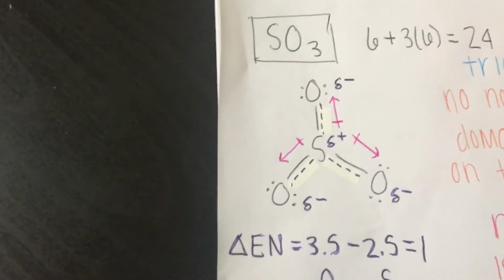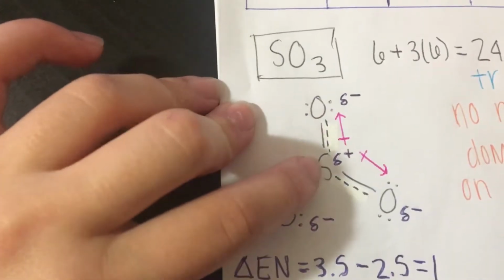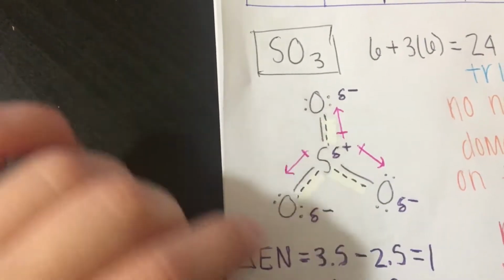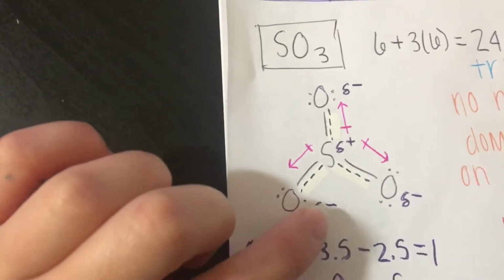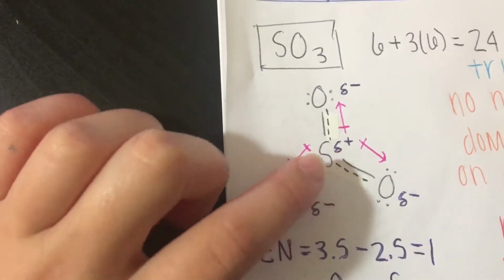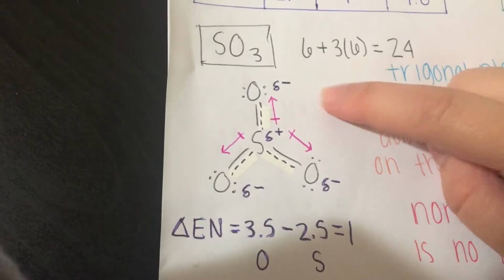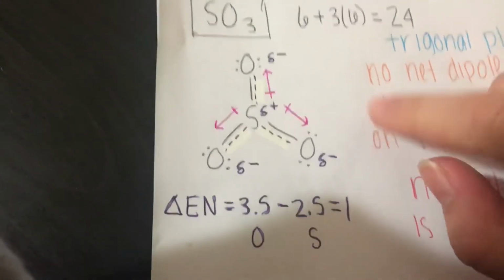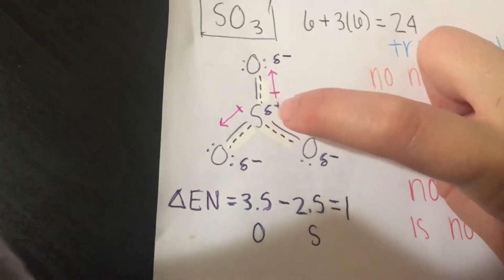And then there's a partial positive on the sulfur atom because oxygen is more electronegative than sulfur. So the bond dipoles will be going towards oxygen, and the positive part would be at the sulfur.